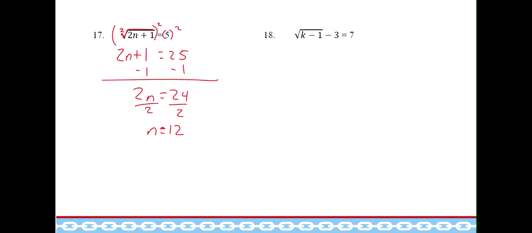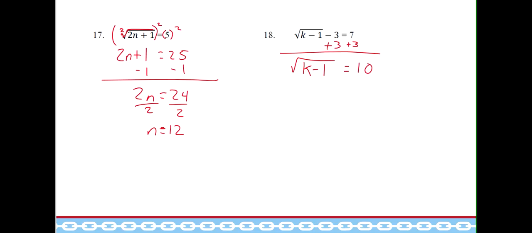For 18, I have square root of k minus 1 and then minus 3 equals 7. I need to get the radical by itself, so I will start off by adding away this 3. And so I get square root of k minus 1 equals 10.